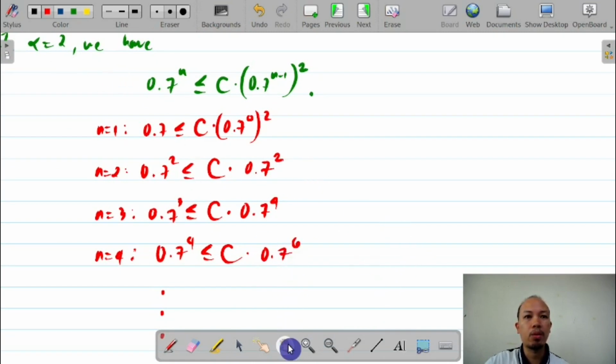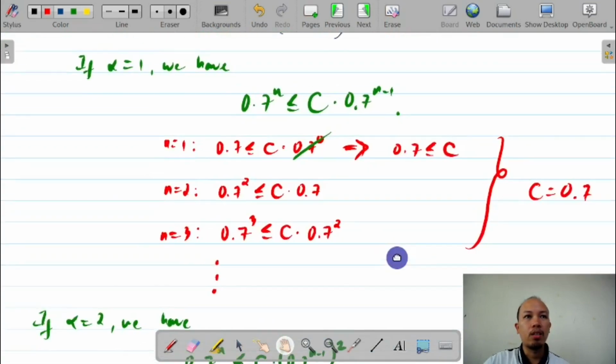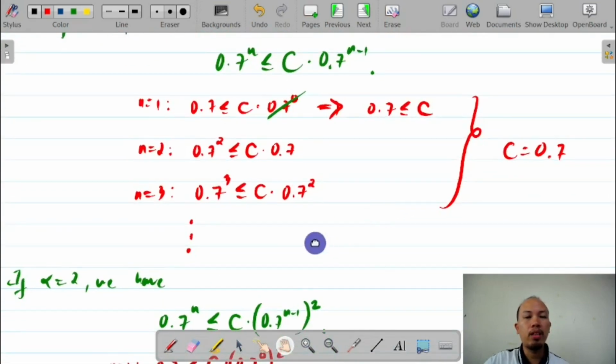If alpha is equal to 1, even if you extend up to infinity, n is equal to 4, 5, 6, and so on, we can find a c, which is 0.7, that will hold for all the inequalities when n is equal to 1, 2, 3, and so on.